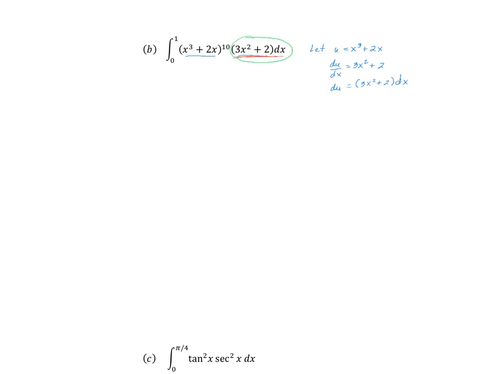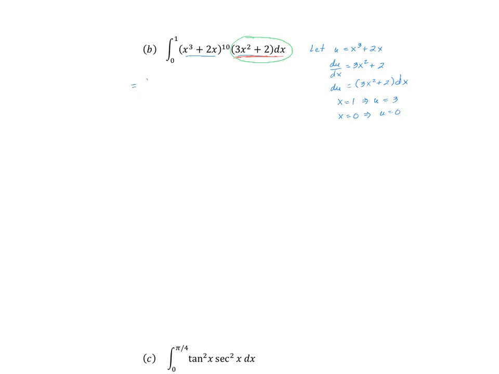Now I don't want to forget to change my limits of integration. If x is equal to 1, that means u is equal to 3. If x is equal to 0, then u is equal to 0.